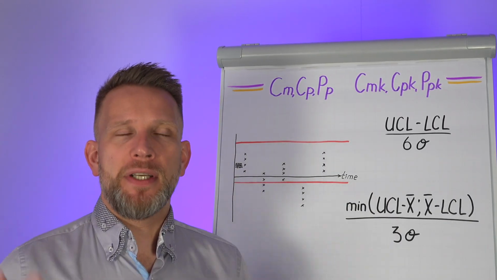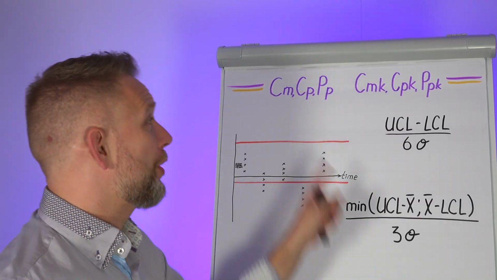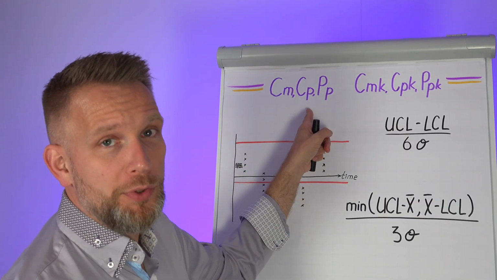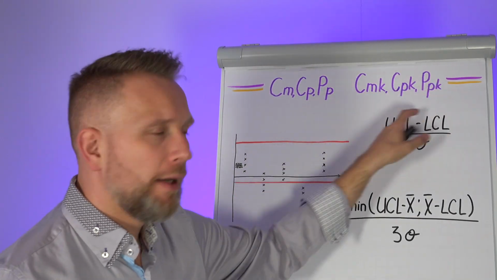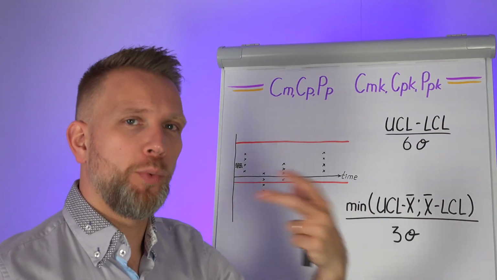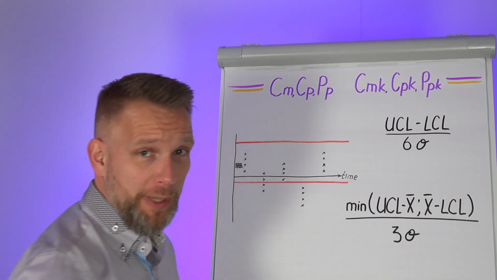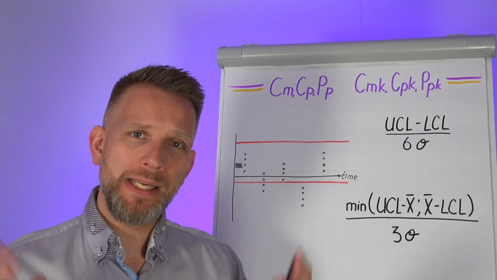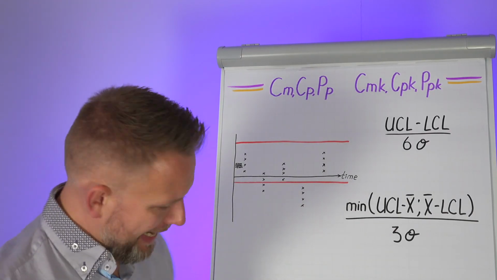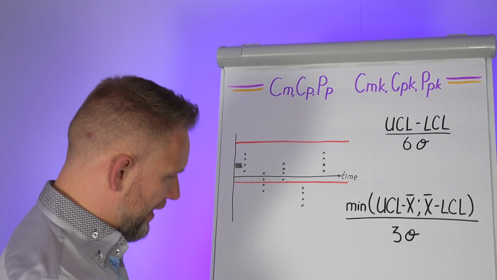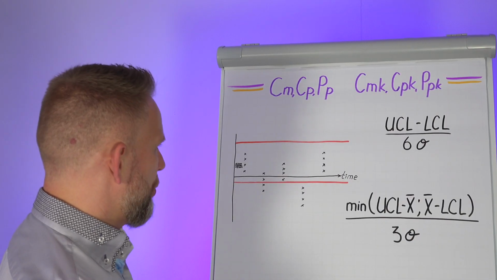That already gives us the difference between the process capability and the one corrected for centering, with the centering coefficient K. That will come back in the formulas as well. So basically what we try to do is ask, what is my process doing?